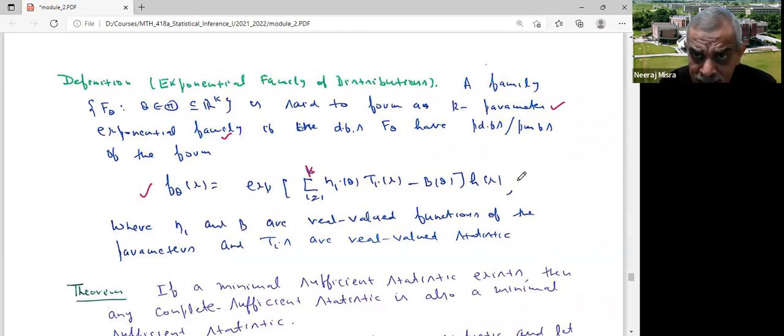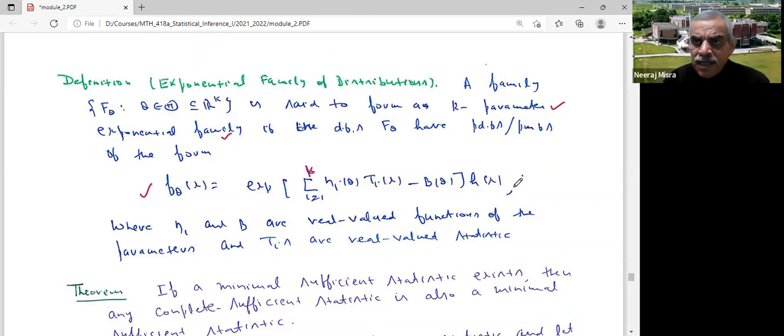Now one can easily see that if your range or the support depends on the parameter, then your distribution cannot be an exponential family, because an indicator that x lies between 0 and theta, for example, cannot be written in this exponential form. Your PDF has to be exponential form multiplied by something which does not depend on theta.